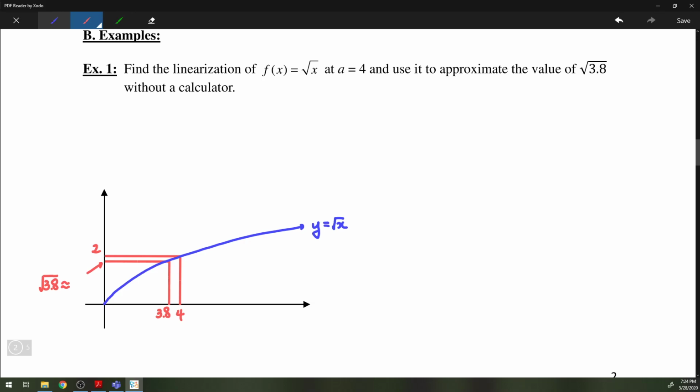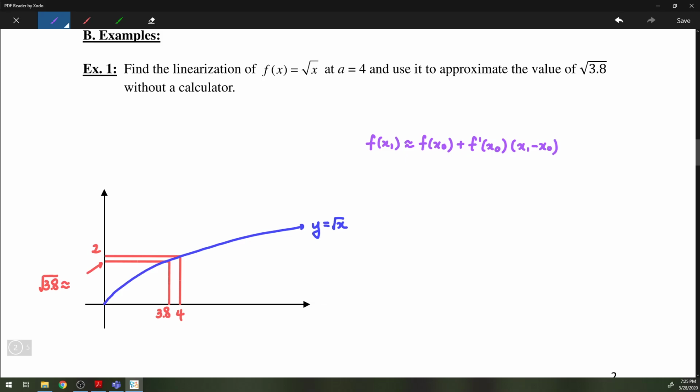Okay, let's write down the linear approximation formula, if you will. And that is f of x1 is approximately equal to f of x naught plus f prime of x naught, and then x1 minus x naught.